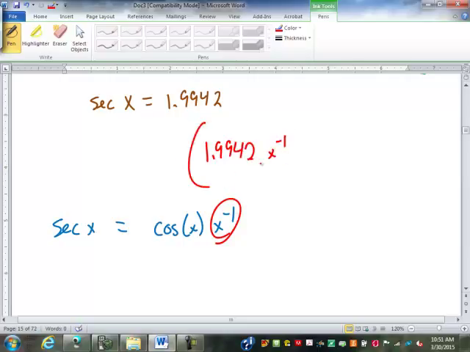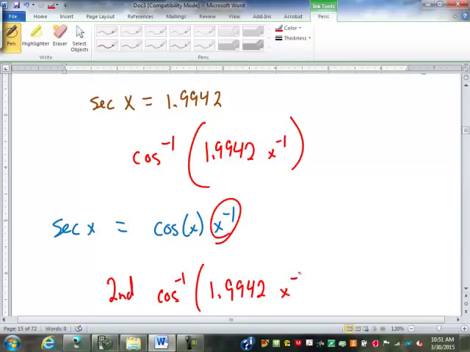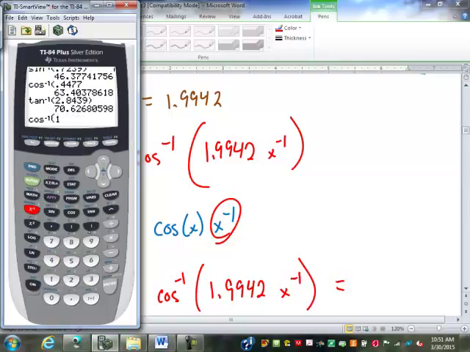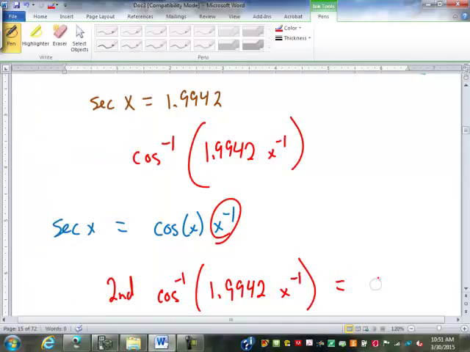So your keystrokes on your calculator, you're going to do second cosine to get the inverse cosine. You're going to type in the 1.9942. But instead of closing the parentheses first and then hitting the x -1 key, you're going to hit the x -1 first and then close the parentheses. 59.90 degrees.